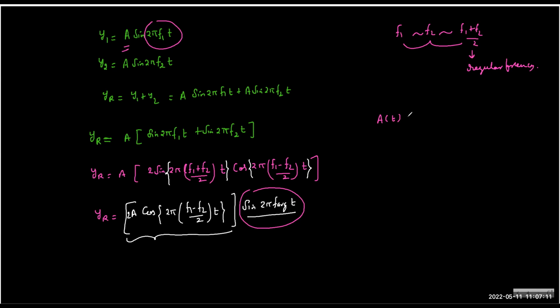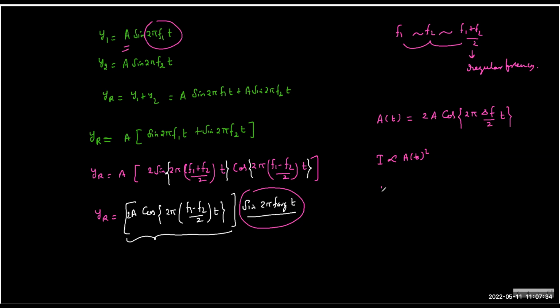And you can see this is the amplitude, which is time dependent, which is 2a cos of 2 pi, delta f by 2 into t. So we keep it like this only. The intensity we define as the square of amplitude.